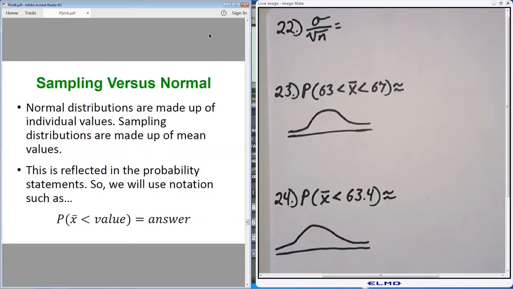Now if you're using a standard normal distribution, instead of the x bar, we'd use a z. If you're using a non-standard normal distribution, instead of the x bar, you would use an x. For sampling distributions, since we're dealing with averages and mean values, we use x bar.